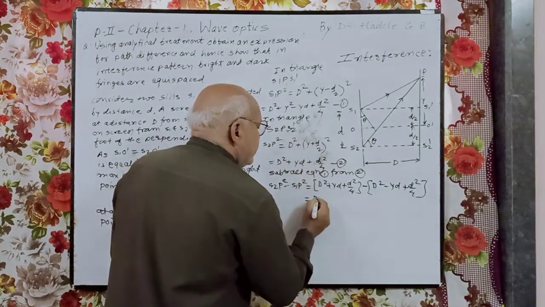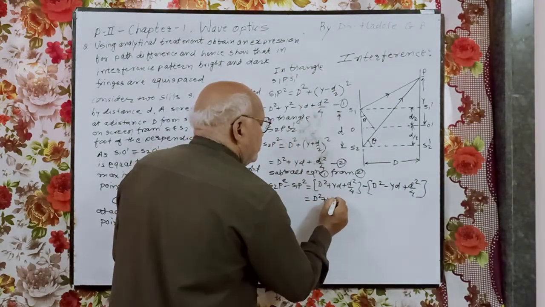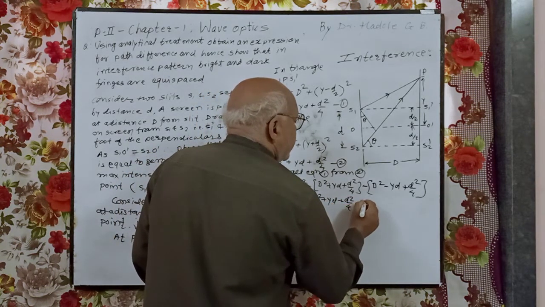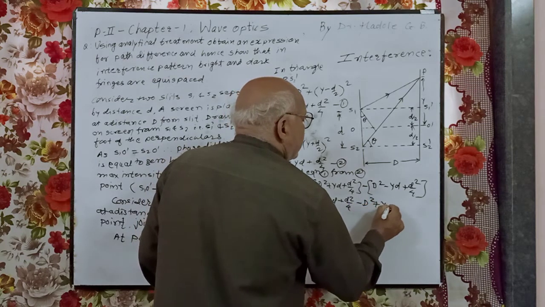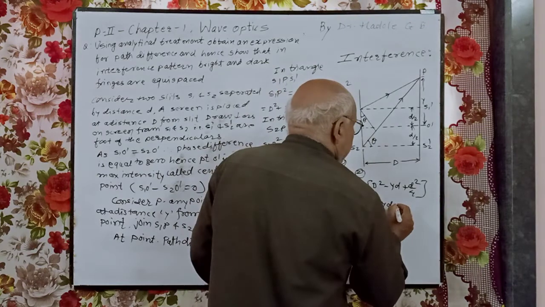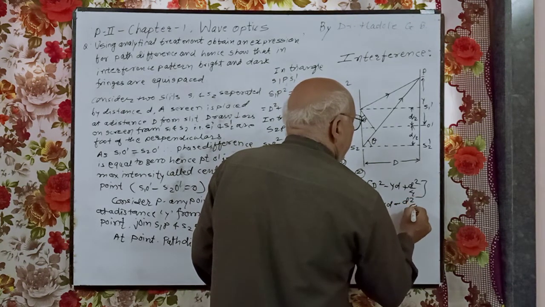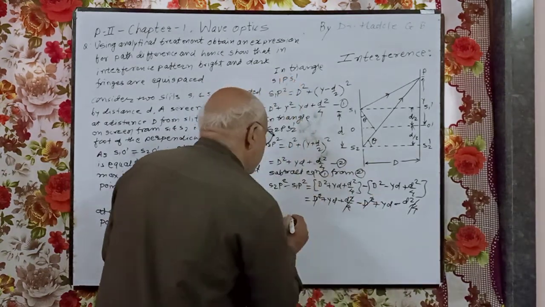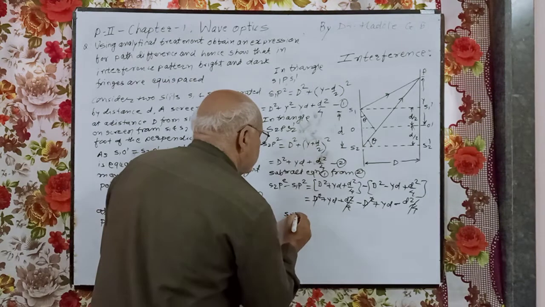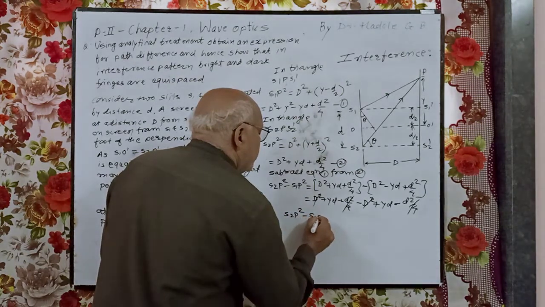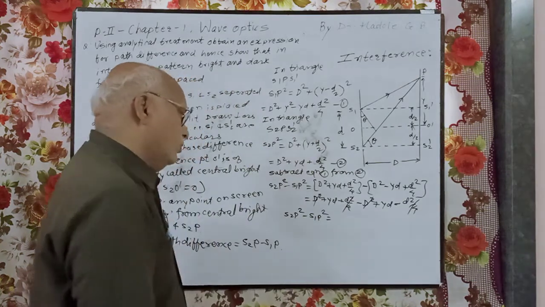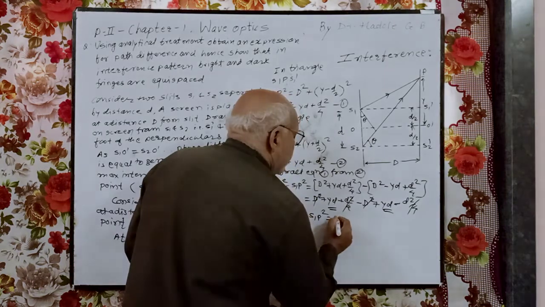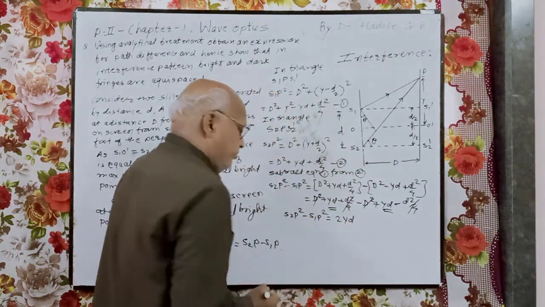Changing the sign, we write D square plus y into d plus d square by 4 minus D square plus y into d minus d square by 4. This is getting cancelled with this; D square is getting cancelled. We get S2P square minus S1P square equal to y d plus y d, and therefore it is twice y into d.